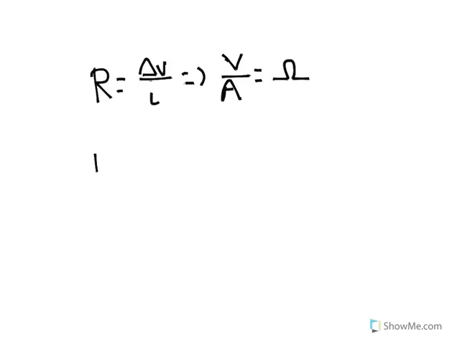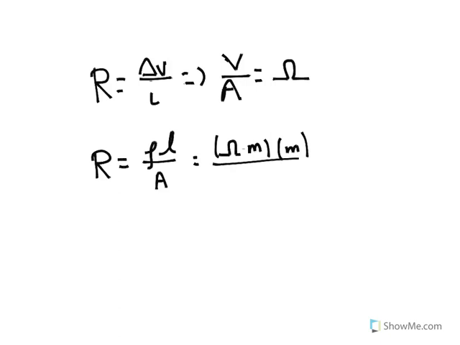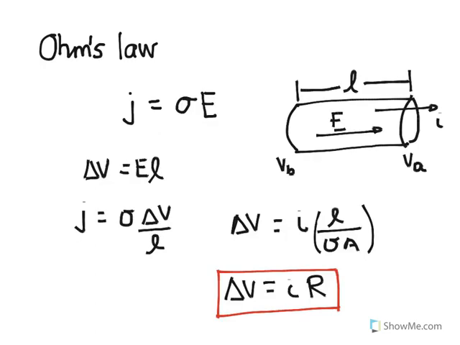So if the resistance is the resistivity times length over area, it is ohm times meter, which is the resistivity units, times meter, which is the length, over meter squared, and once again we get a resistance in ohms.